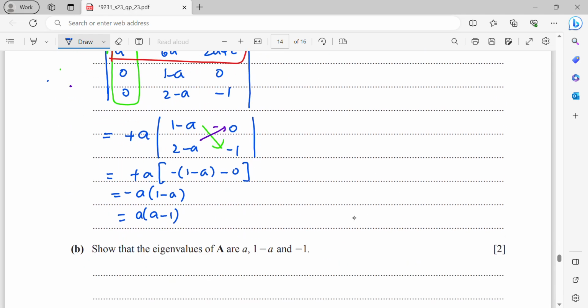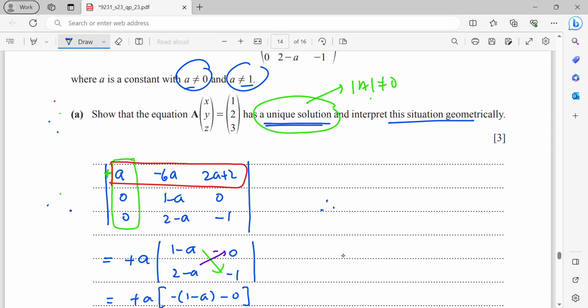So when a is not 0, a is not 1, that means this is not 0. Therefore, the matrix A, or therefore the equation, has unique solution.